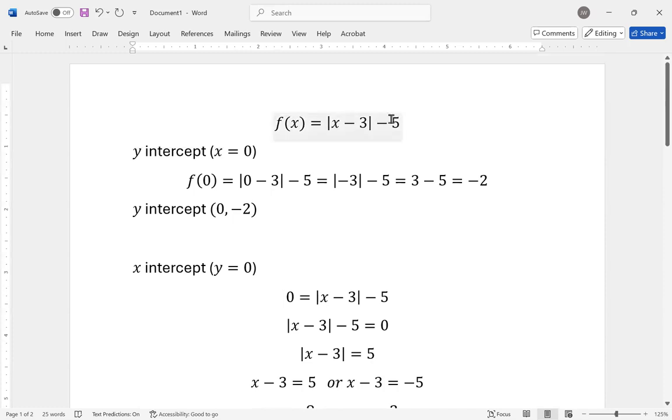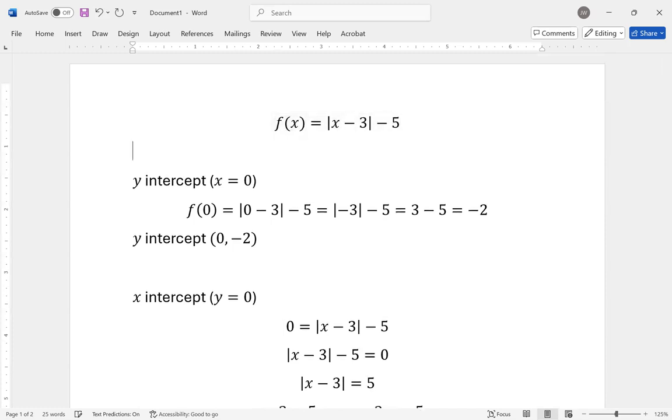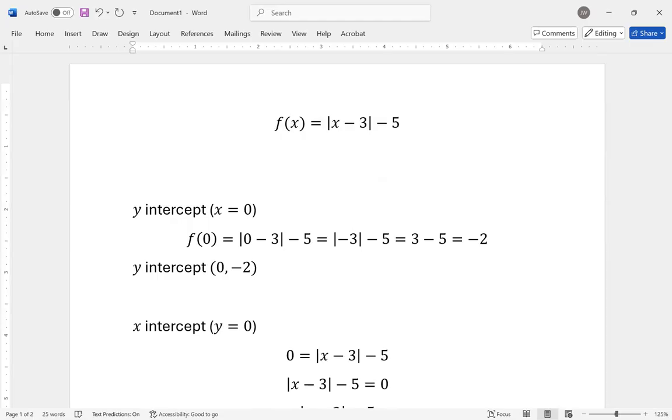Now, by the way, just based off of the transformations that we saw earlier, the vertex of our base absolute value function is at the origin. This has been shifted from our base function right 3 units and down 5.